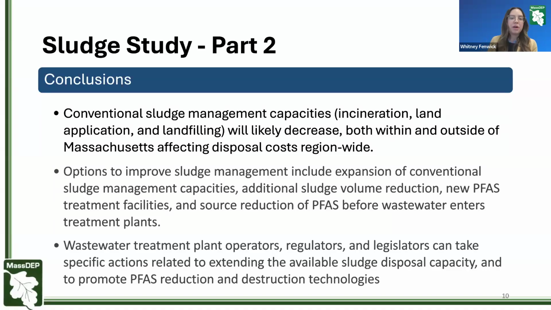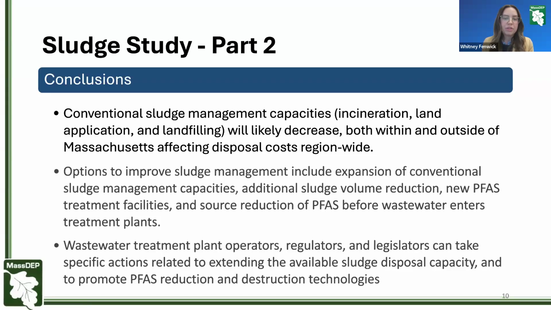And the main takeaways from Part 2 were that we are seeing conventional sludge management options like incineration, land application, and landfilling becoming more limited within and outside of Massachusetts. Since data was gathered for the report, Connecticut has banned land application, the Woonsocket incinerator stopped accepting liquid sludge, and the Hawk Ridge composting facility stopped accepting product in August of 2025.